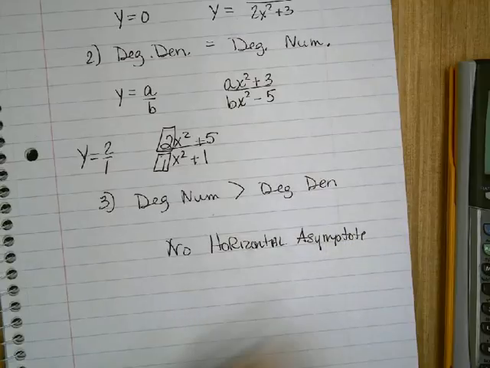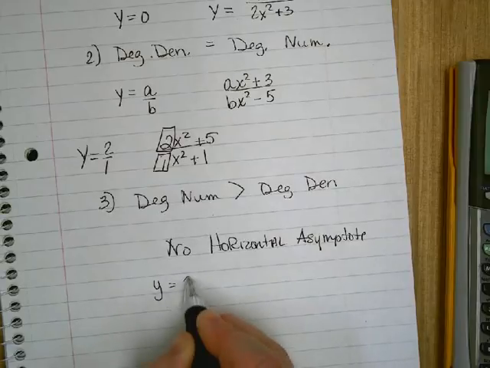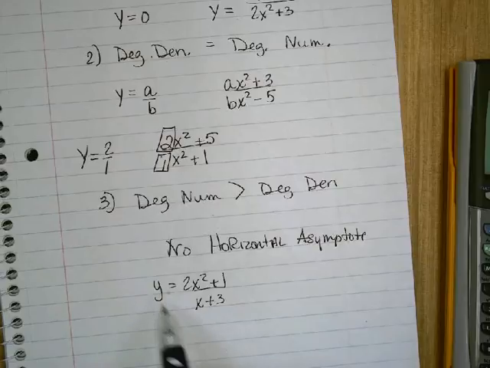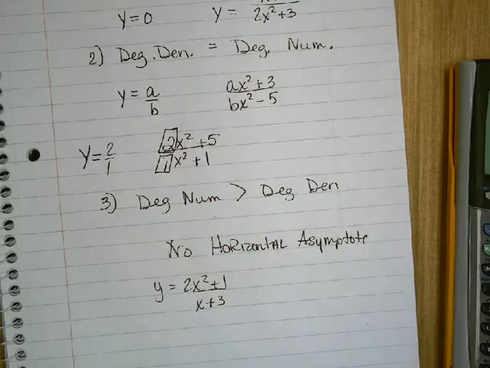Okay? And this would be an example. So horizontal asymptotes depend on the degree.